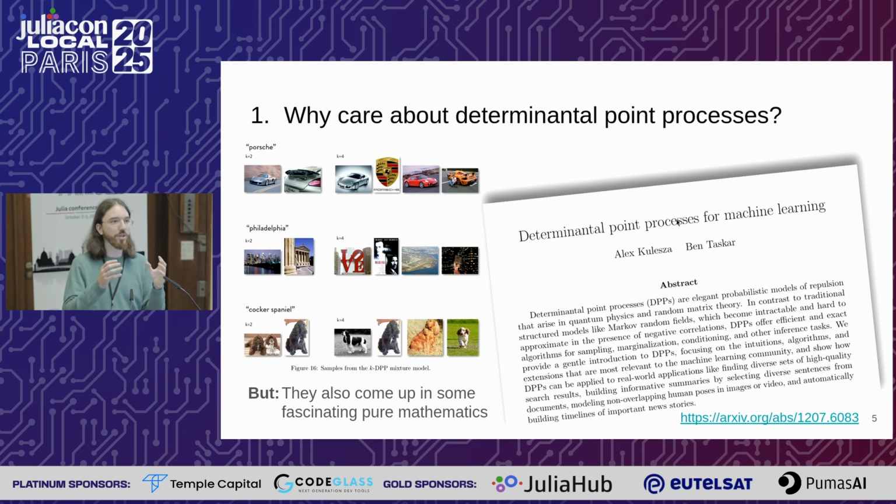So you want to enforce diversity, but at the same time, you also want quality, so they have to correspond to the right words. This is what they are used for in machine learning. But they also come up in some really fascinating pure mathematics, and that's what I'm mainly going to be talking about today.